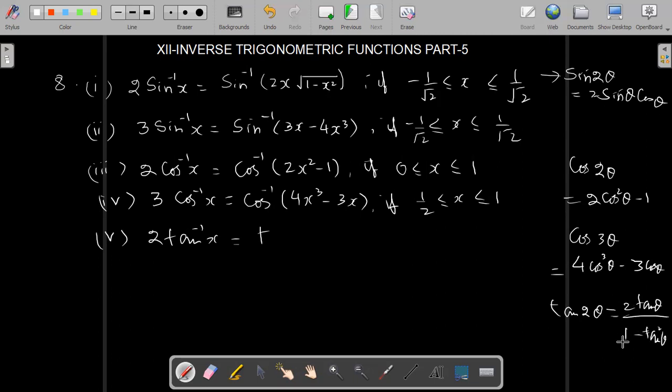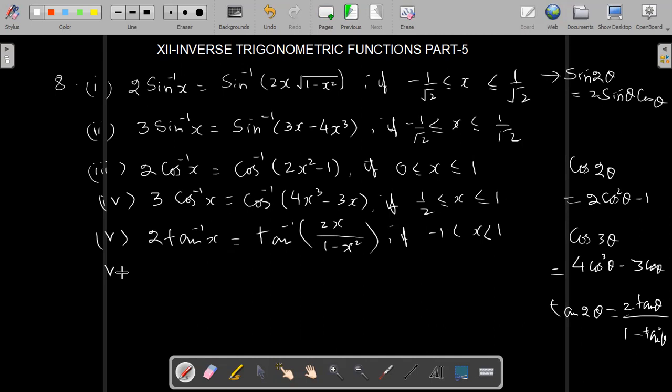From this it is derived: tan inverse of 2x upon 1 minus x square. If you remember the previous year's formula, you can easily remember these formulas also. This holds if x is greater than or equal to minus 1 and less than or equal to 1.